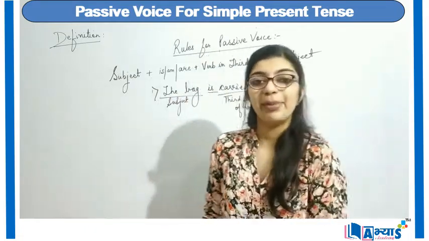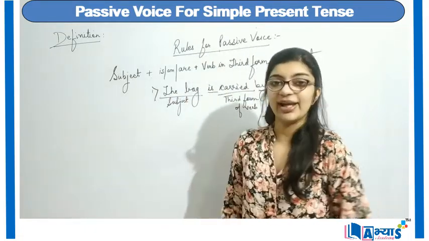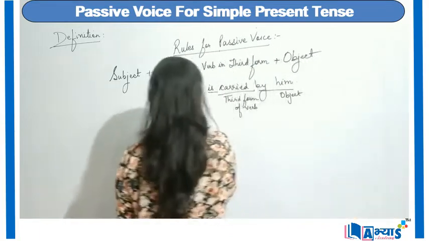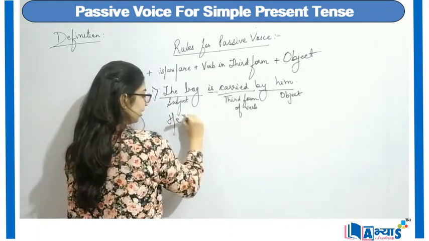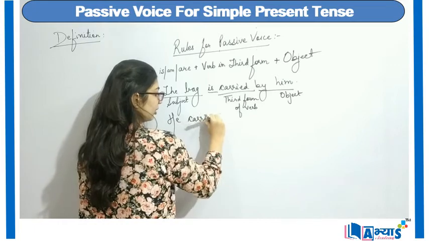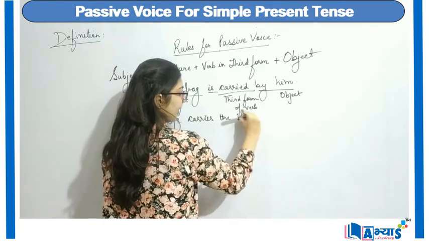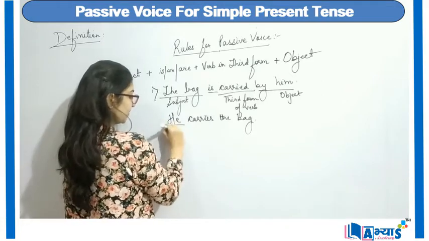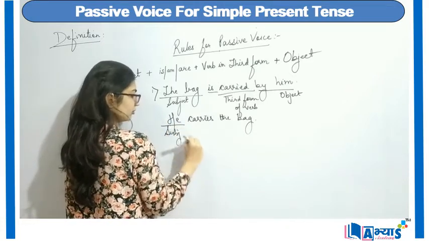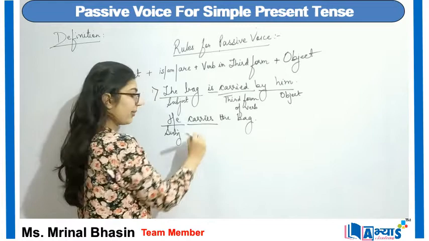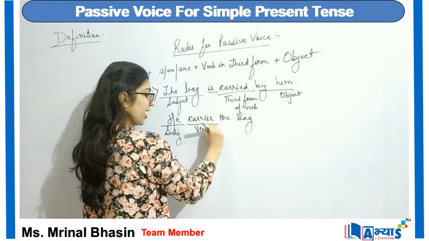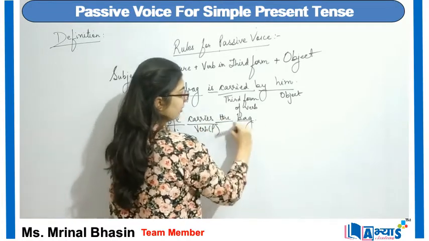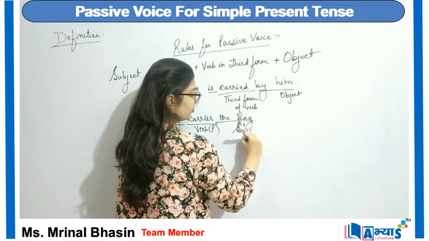But if I say this to be in active voice, I will say, he carries the bag. Right? He is my subject. Carries is again my verb in present form. And the bag is the object.